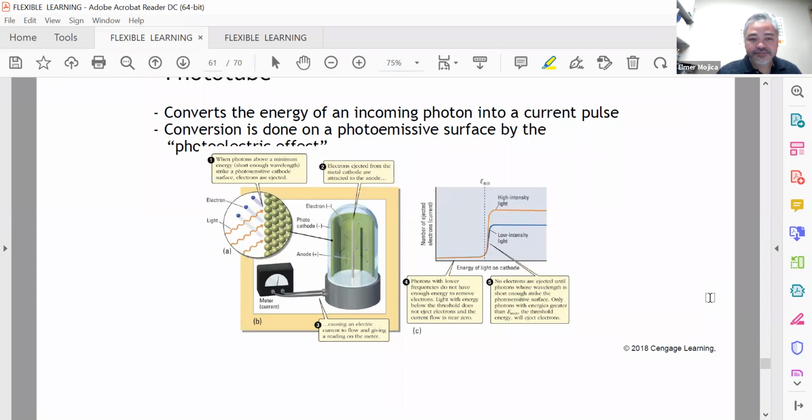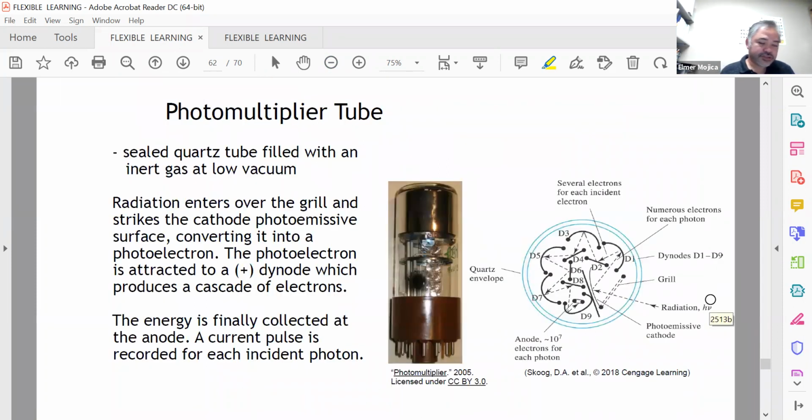Okay. Now we can also use the PMT, which is the most common one. So this is the photomultiplier tube. You have here a sealed quartz tube filled with an inert gas at low vacuum. So the radiation enters the window and strikes the photoemissive surface, converting it into a photoelectron.